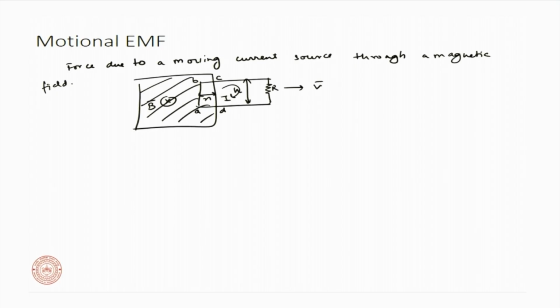This is an example of a primitive generator. Right. So, this is our shaded region. We have this loop which is being dragged to the right.